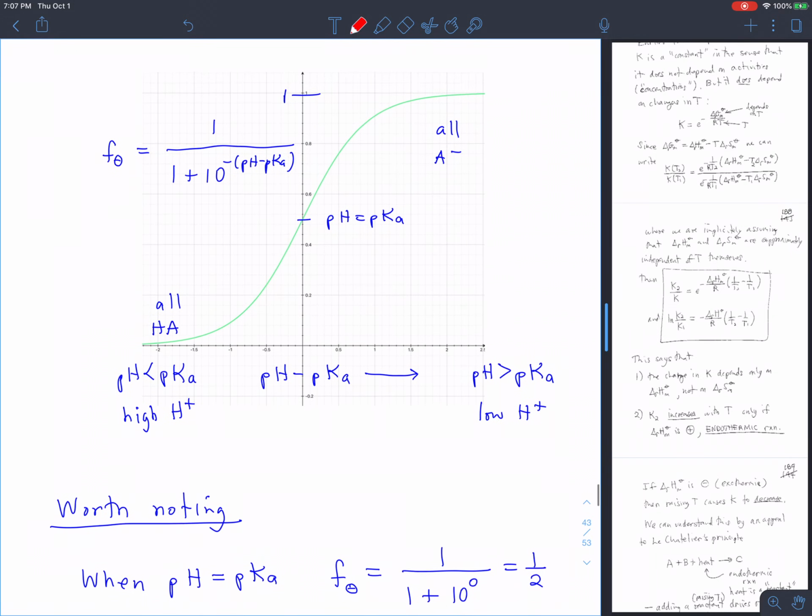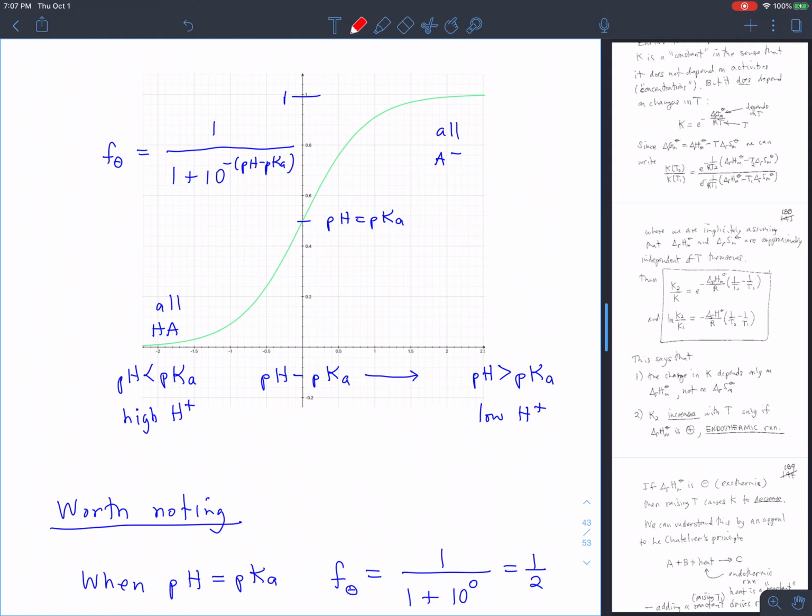All right, let's do our example now. Well, before we go on to the example, let's note a couple of things. First of all, if I look at the fraction for the minus charge for the dissociated acid, as the pH goes up and up and up, the fraction that's in the negative form also goes up and up and up, right?